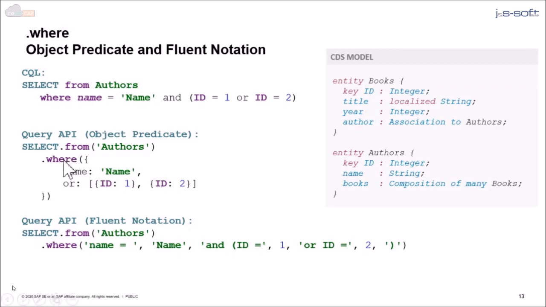It means in this case I have name is equal to name and something else. And this something else is again a keyword, which is or. This keyword means everything that is inside of the array, which is the value of this or, is combined using the or operation. Then you see inside of the array, we again have objects.